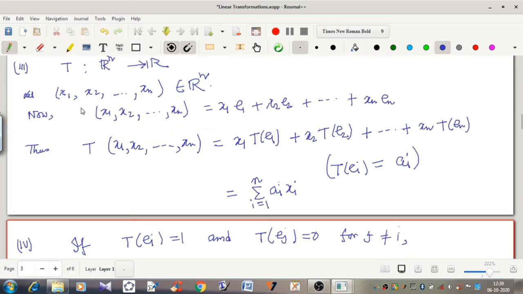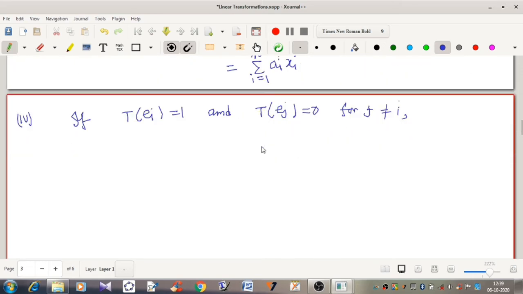So in example 3, if T of Ei for a particular i is equal to 1 and T of Ej equals 0 for every j not equal to i, then this linear transformation is called a coordinate function or coordinate map.